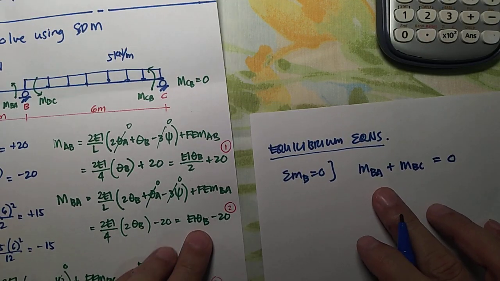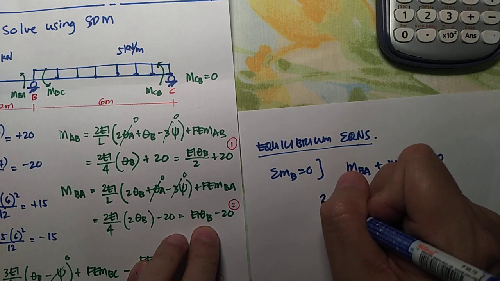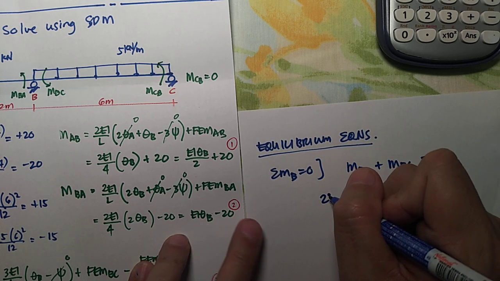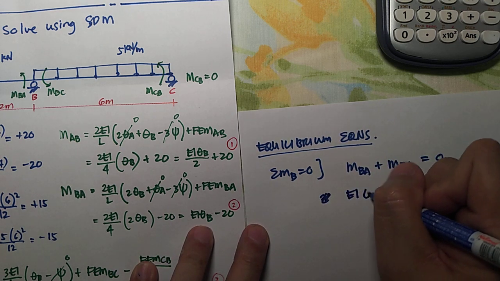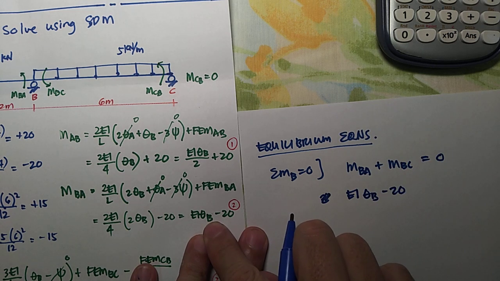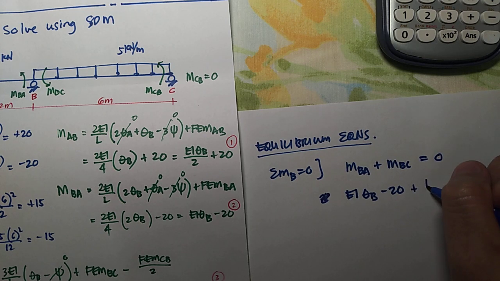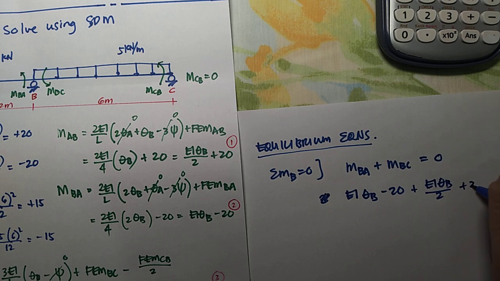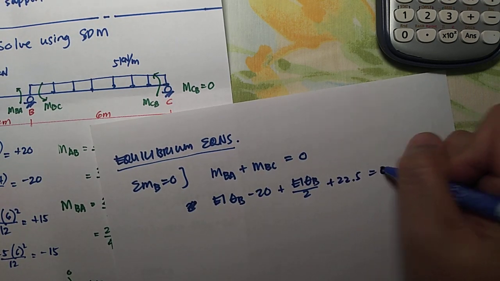MBA is this. So we have EI theta B minus 20. So that is MBA. What is MBC? MBC is this one. Plus EI theta B over 2 plus 22.5. So should be equal to 0.